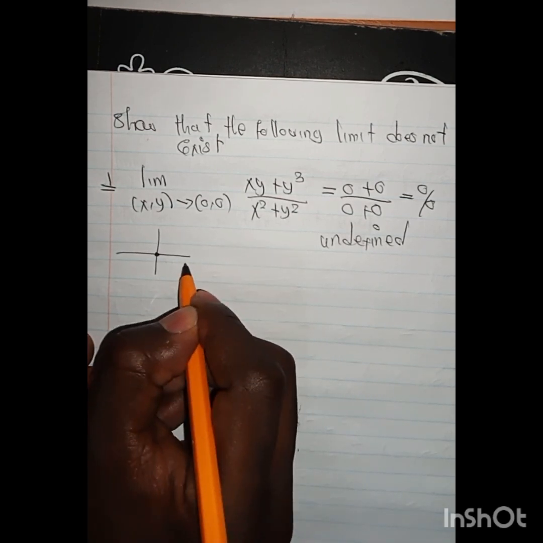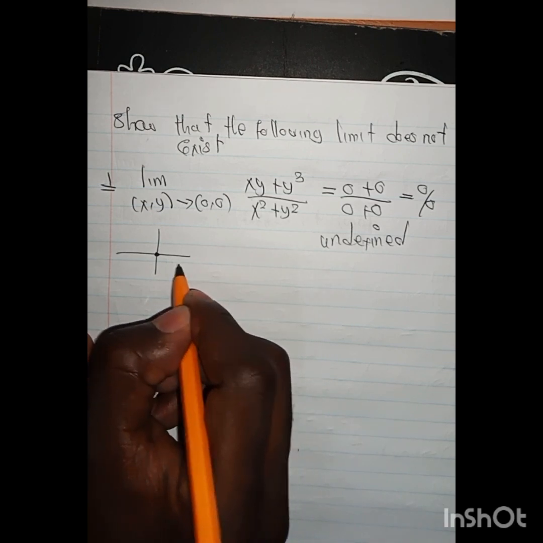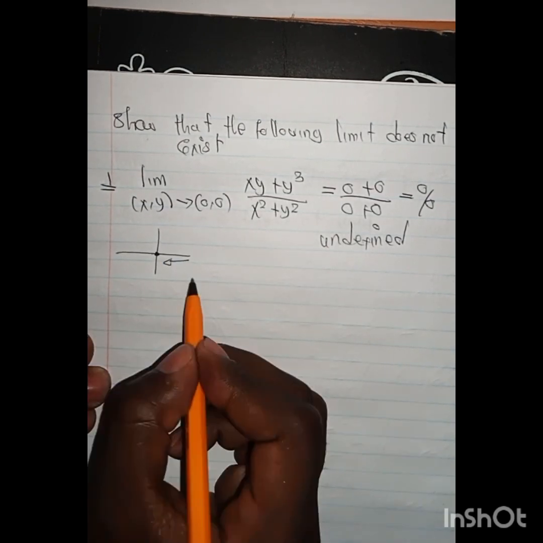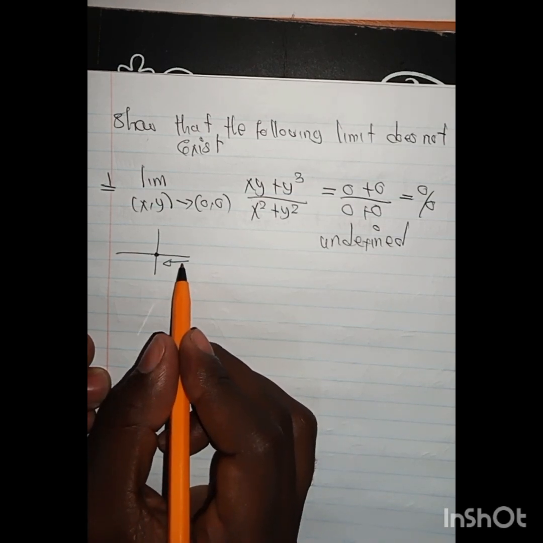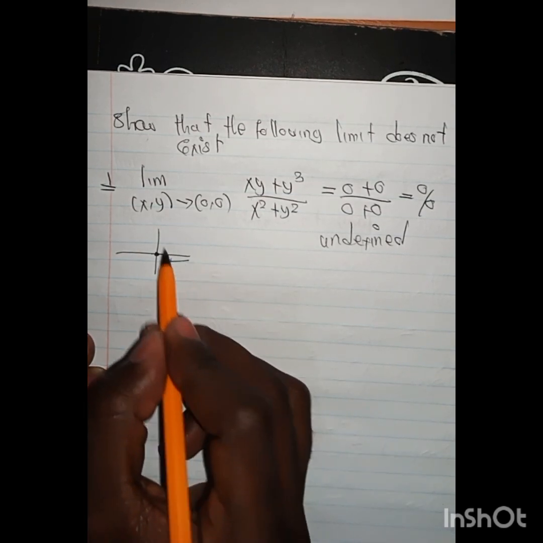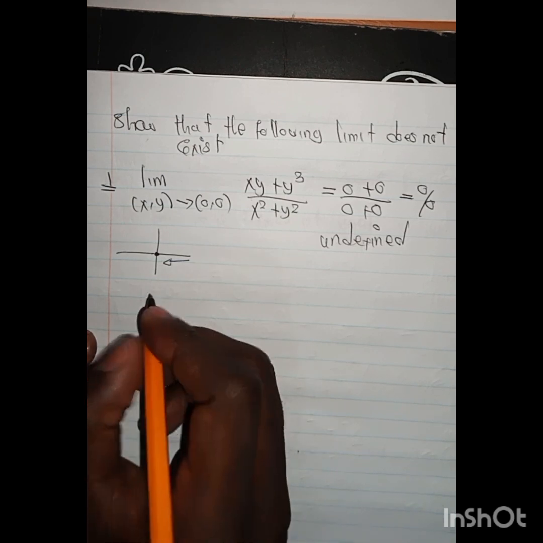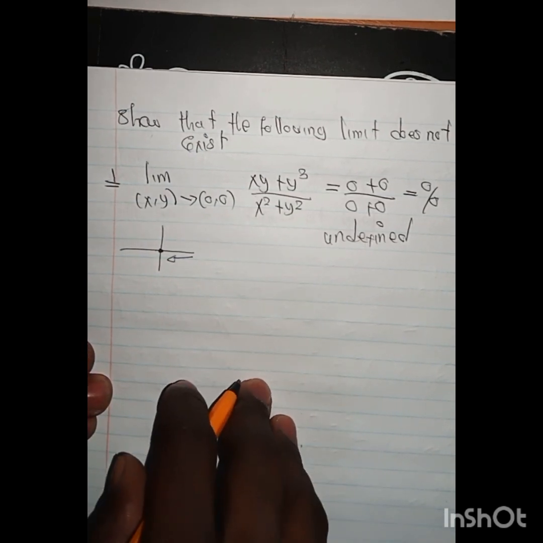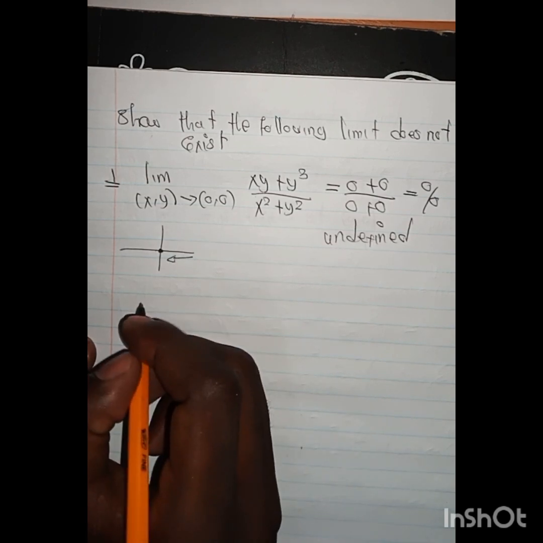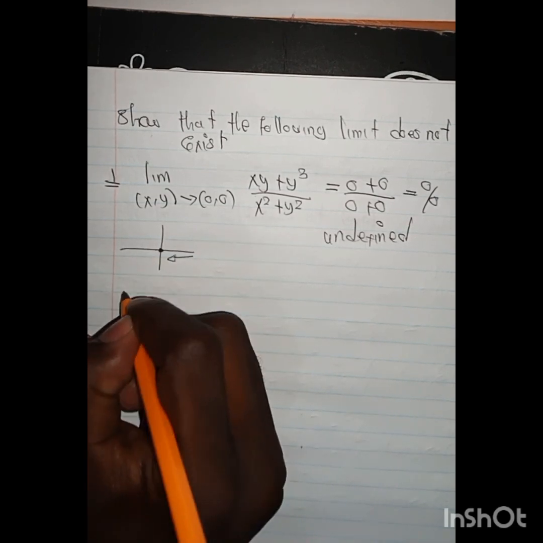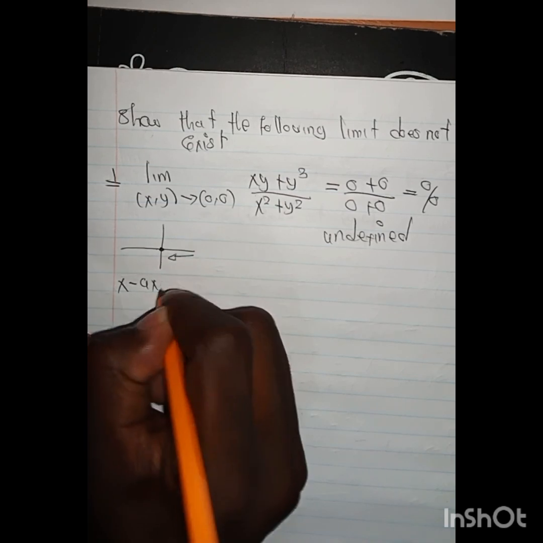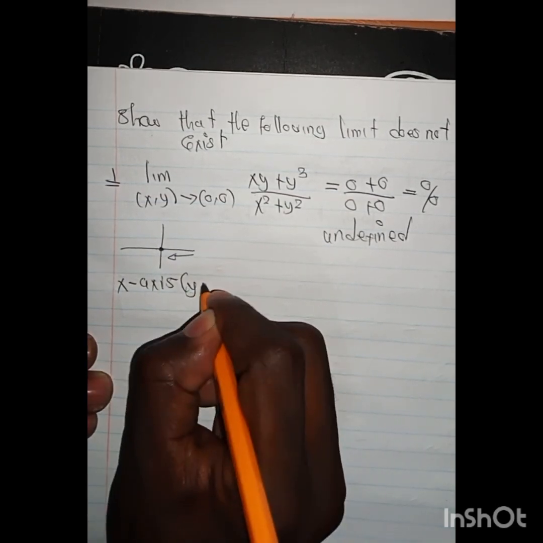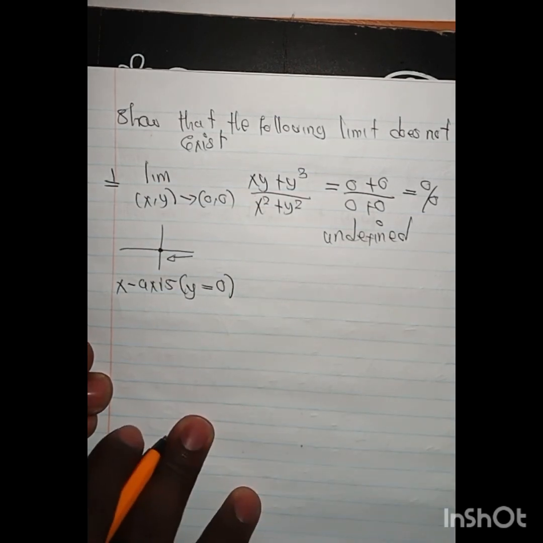Let me say now we want to approach the origin from the x-axis, from this side. When we approach it from the x-axis, we can say that the value of y is 0. So we are going to use up to 3 cases to prove this. As we can see on the x-axis, you are going to make y be 0.